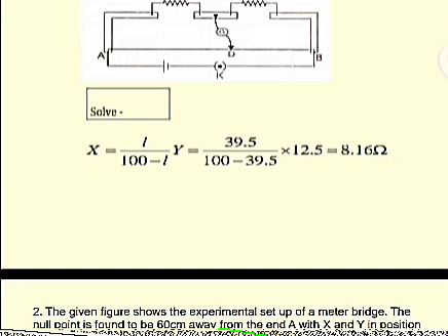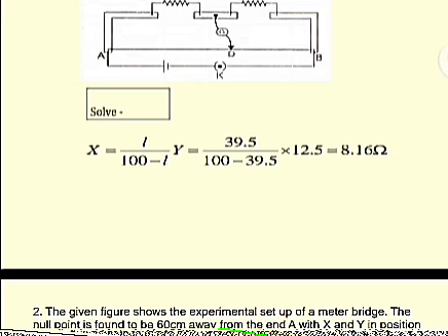Dear student, in this question, we apply the Wheatstone bridge principle in two conditions.